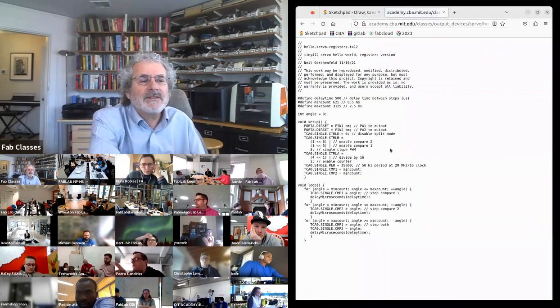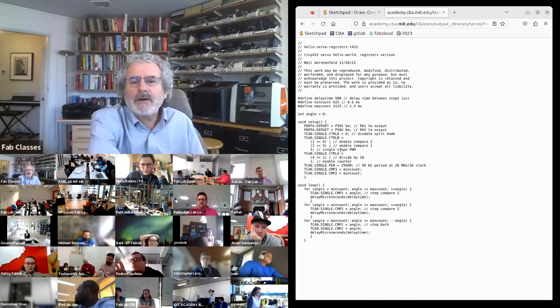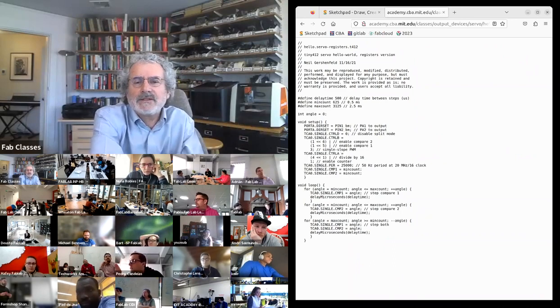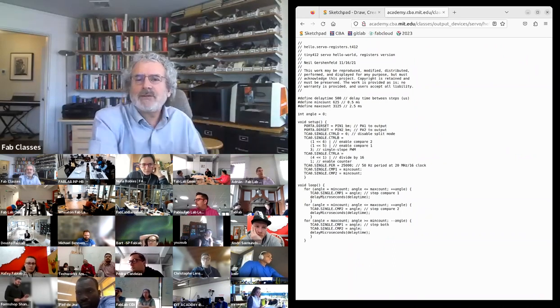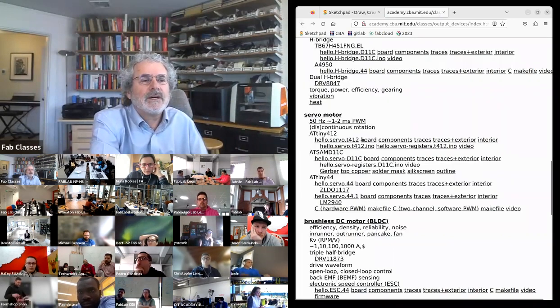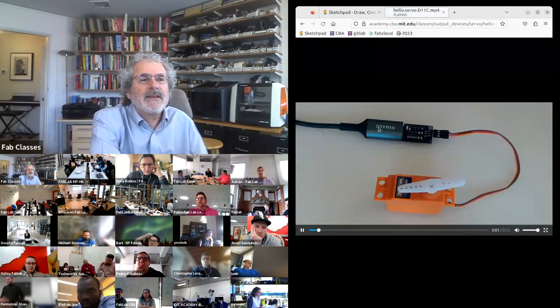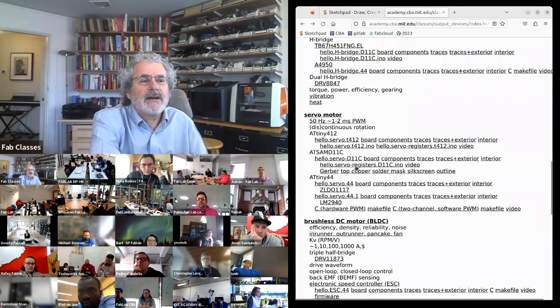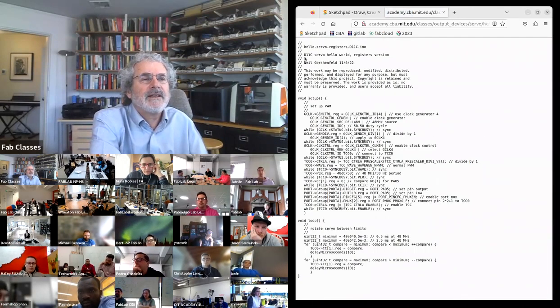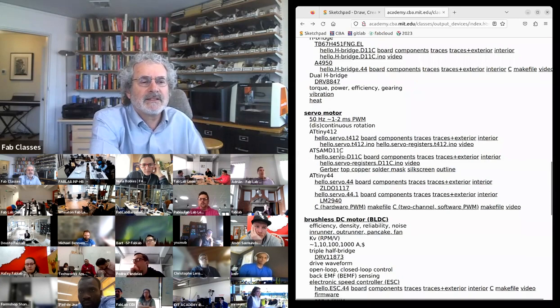But all you need to do is set up the registers. So here, rather than using the Arduino library, I'm talking directly to the registers using what I showed you from the data sheet to do the pulse width modulation. Same sort of thing. This is doing the pulse width modulation in the SAMD processor. It's a little bit more complex to set up the registers, but that's an example of that.